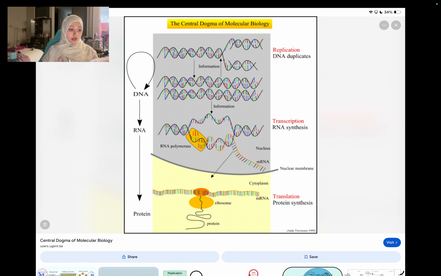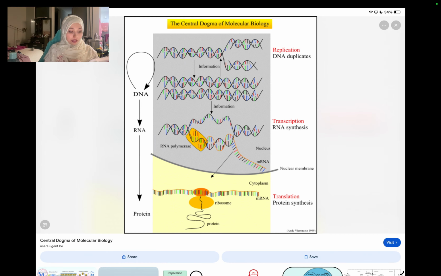And with RNA polymerase, it becomes messenger RNA, and that messenger RNA is translated into protein at a specific sequence, right?